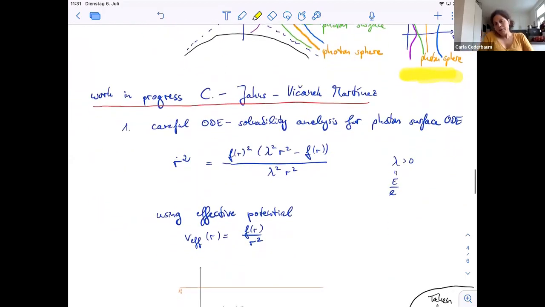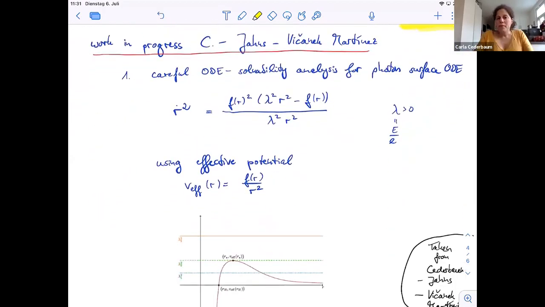And just to complement this with work in progress with my former student, Sophia Jahns, and my current student, Olivia Vicanic-Martinez, what we've looked at is, again, this photon surface ODE that I've shown you before, where the parameter lambda was the impact parameter, or in other words, the energy divided by the angular momentum, for the generating null geodesic of the rotationally symmetric photon surface.